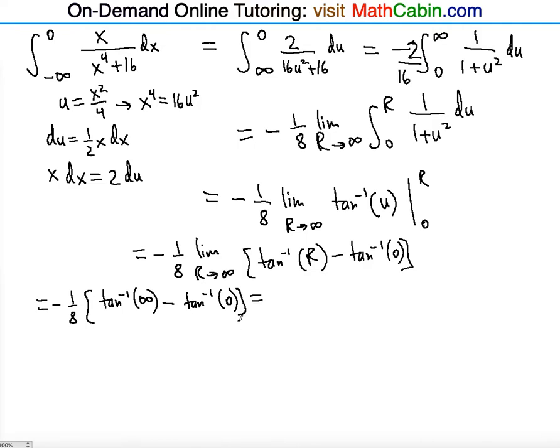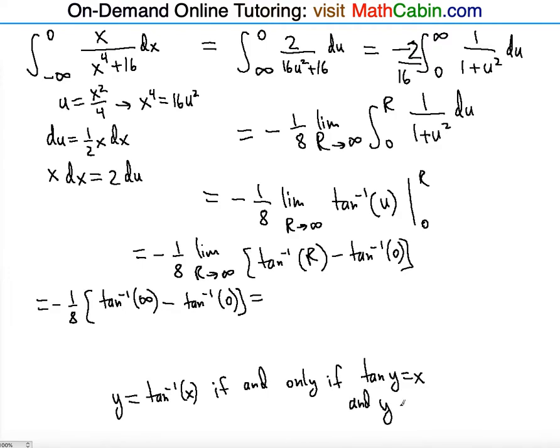Now here's an important thing to consider. How would you know which angle measures to choose here? Notice that you can only have y equal to arctan of x if and only if tangent of y is equal to x and y falls between negative pi over 2 and pi over 2.